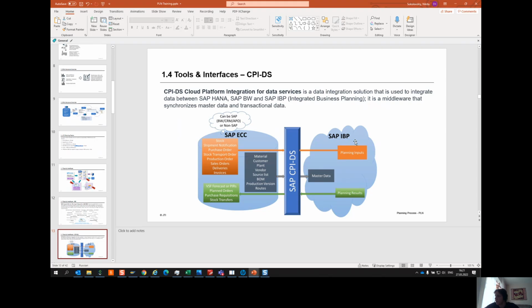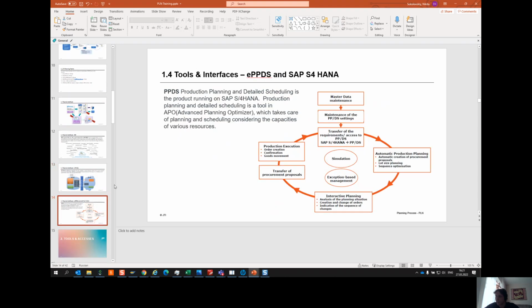But if you change some purchase requisition in SAP, you can expect it to appear in IBP only the next day after the night job runs. So that's important to know.